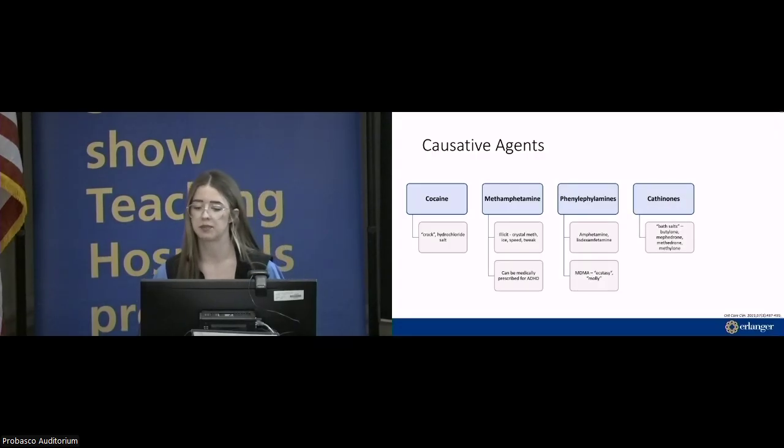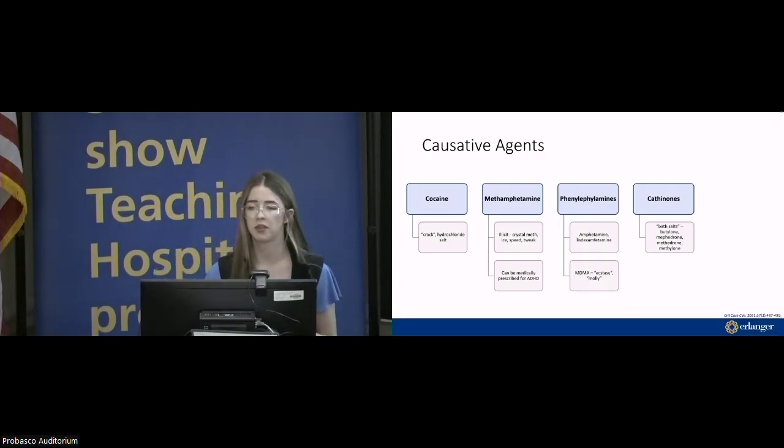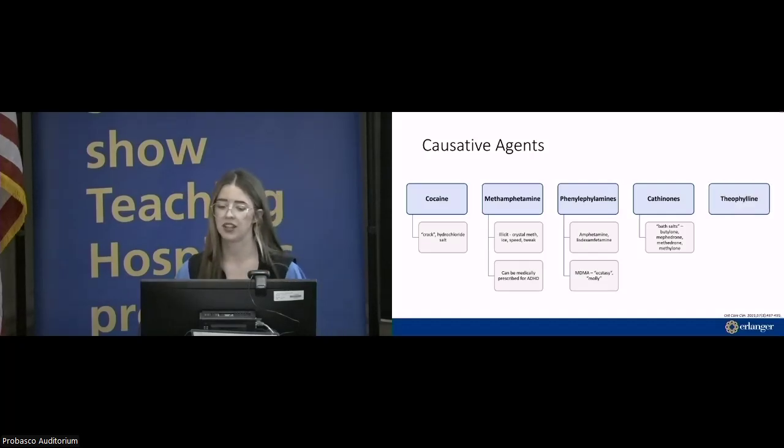Cathinones, often sold as bath salts, are synthetic stimulants with unpredictable potency and often have adulterants in them. And finally, agents like theophylline are a reminder that not all sympathomimetic toxicity is recreational. Therapeutic drugs can also cause toxicity when overdosed or if they're in high serum concentrations.